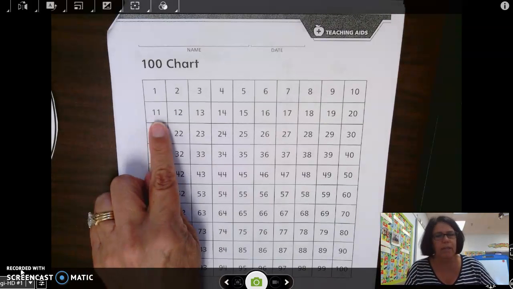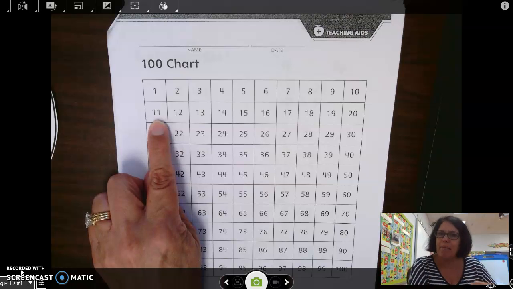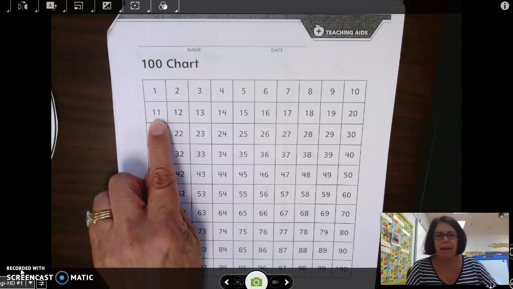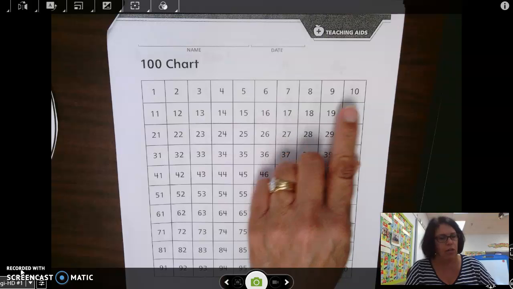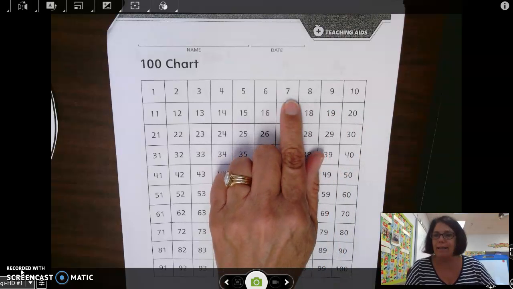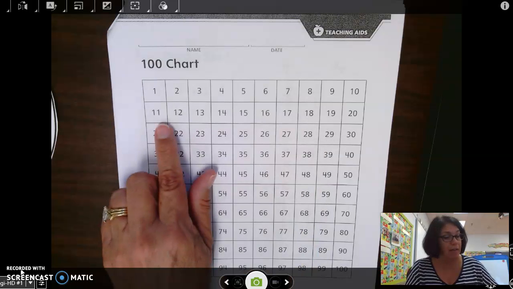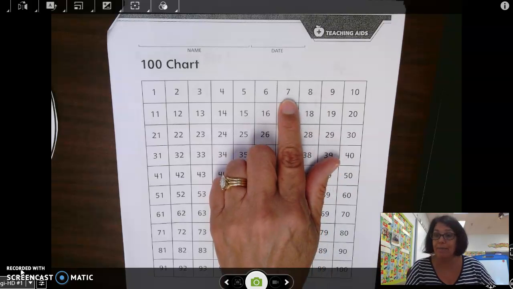I started with 11, and I wanted to figure how many it takes to take away to get to 7. So I counted back, 1, 2, 3, 4, and I landed on 7. So I knew that 11 minus 4 equals 7.